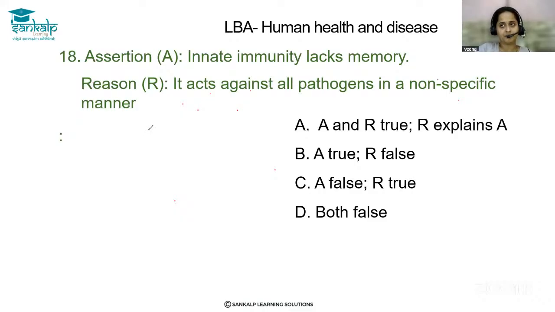Because it is present at the time of birth, it is not fighting against a specific antigen. It acts against all pathogens. Whatever pathogen is causing harm to the body, it acts against all of those pathogens.